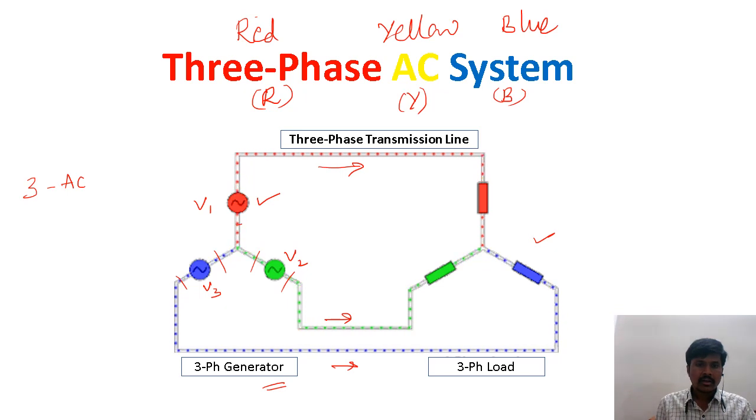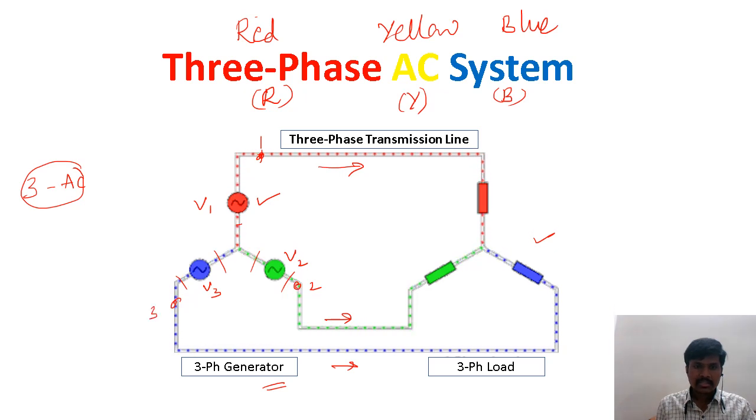The point we need to remember is how to represent three single phase AC systems to form or create a three-phase system, which we are going to learn now. By using three single phase systems we have three terminals.